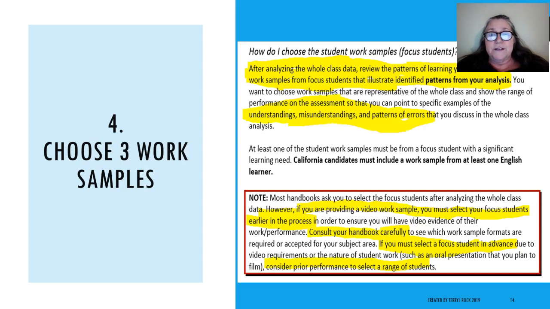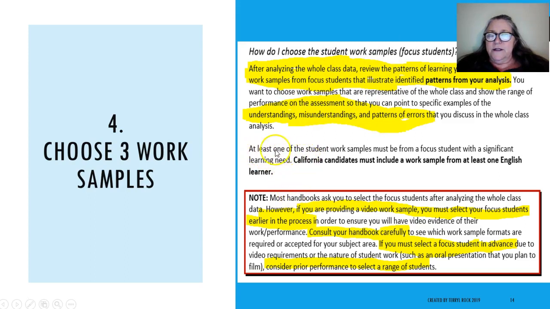Here's a common misconception. To further illustrate your point, you need qualitative data from your work samples in order to show it. So you want to find work samples that are representative, that show a range of performance on the assessment, so that you can point to specific examples of understanding, misunderstandings, and patterns of error. This is the most important thing you do.